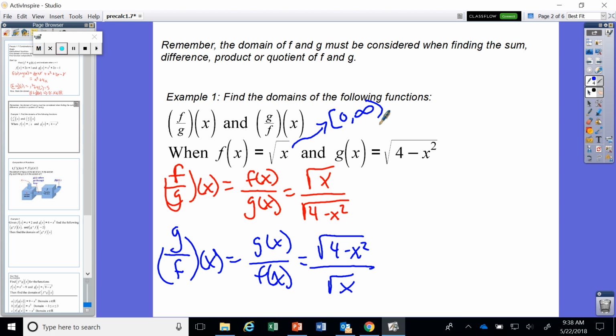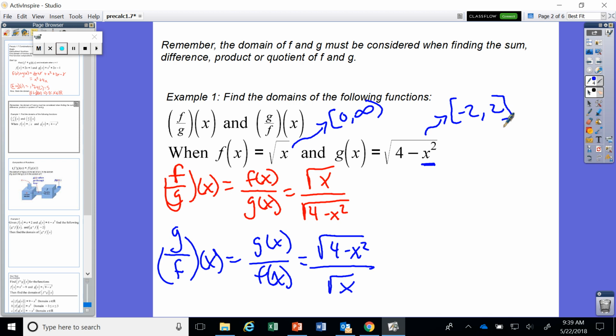Then think about the domain of g. Because we have this x squared term, we can't give ourselves any values in which 4 minus that value becomes less than 0. So negative 2 to 2 is about where you're limited, and we're stopping from negative 2 to 2.